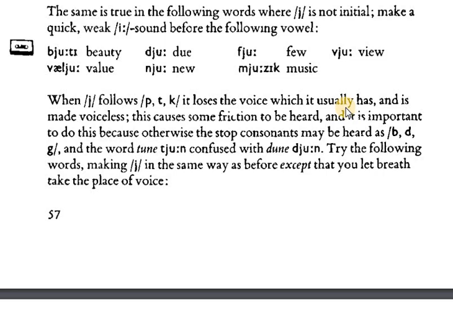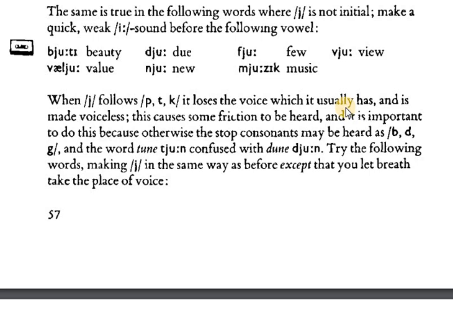We explained the effects of p, t, k on the sounds that precede them or follow them. If ye comes after p, t, k, ye is voiced, one of the voiced consonants. It means that it is produced with the vibration of the vocal cords.